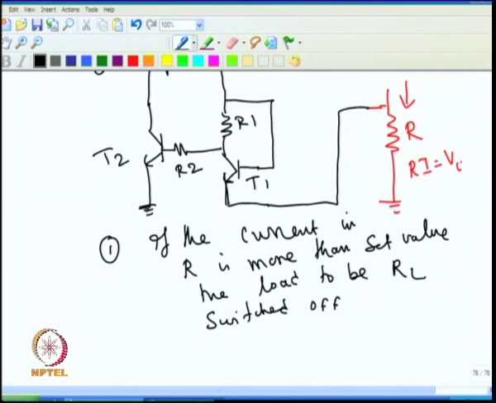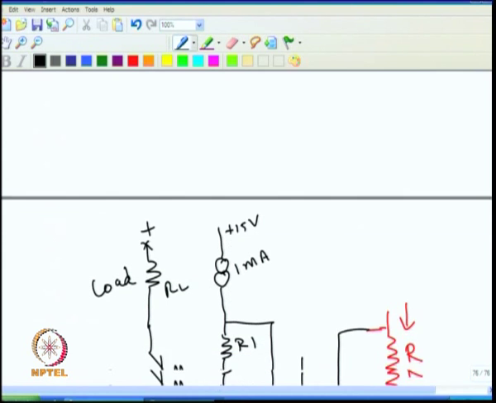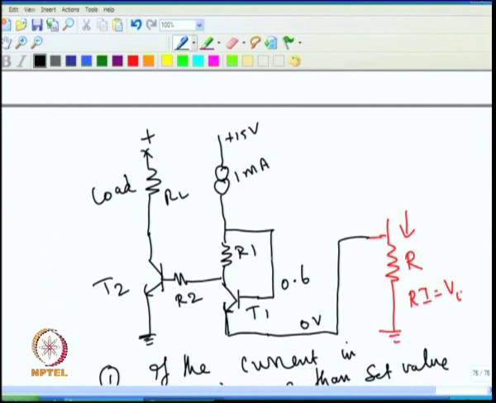Now, we see how the transistor is working. Assume that at any given point, to start with, if this is 0 volt, then this will be at 0.6 volt. Assume the base current is negligible.